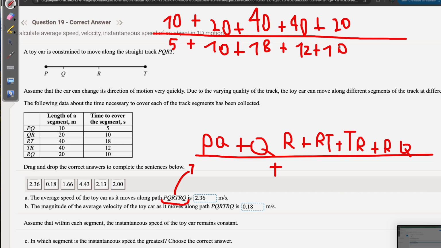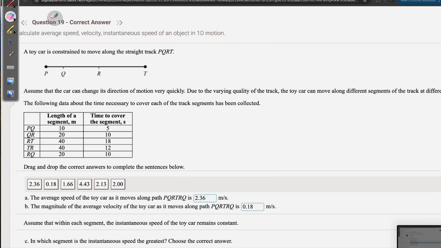Okay, so 10 plus 20 plus 40 plus 40 plus 20 over 5 plus 10 plus 18 plus 12 plus 10, which is 2.36. The magnitude of the average velocity. This one is not that hard.